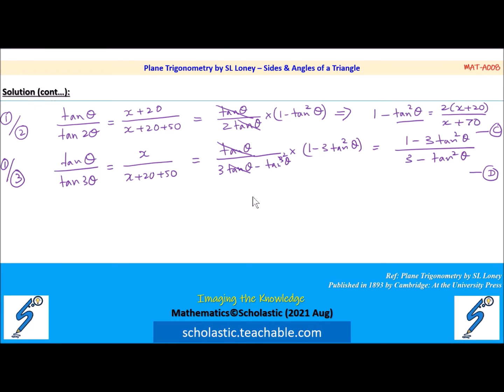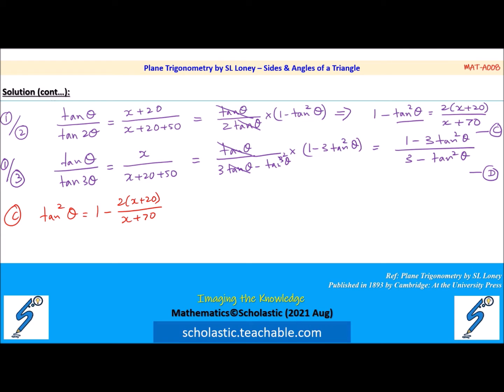So we have copied equation C and D here now. What we need to know is how we can get rid of tan square theta. We can do some kind of simplification. First, we can obtain tan square theta easily from equation C. Equation C gives us tan square theta is equal to 1 minus (2x plus 20) divided by (x plus 70).